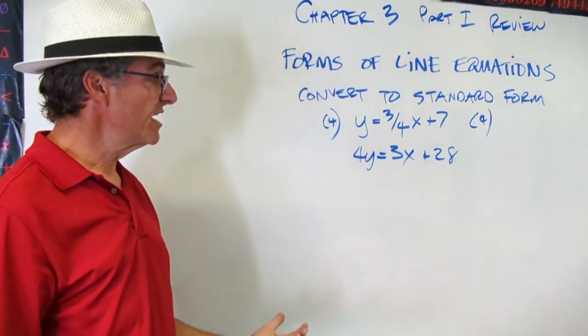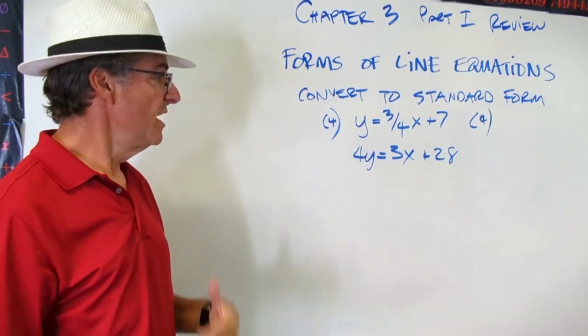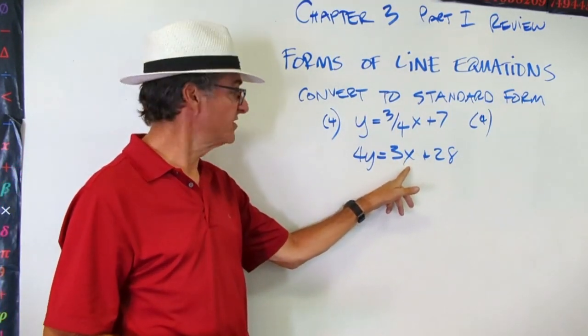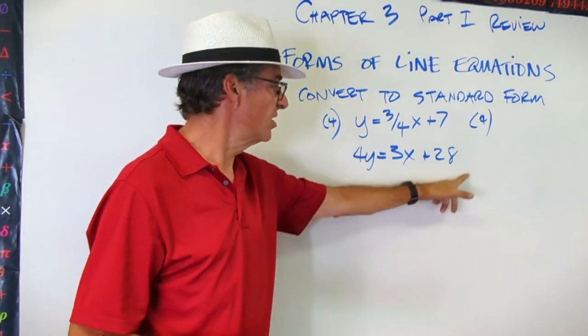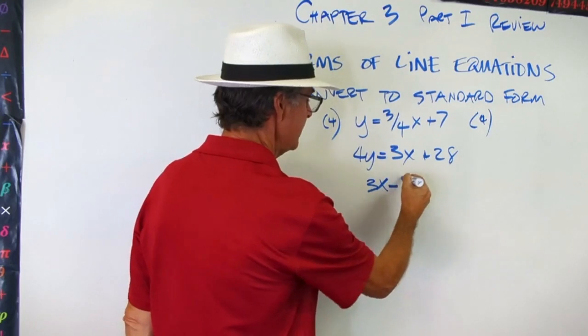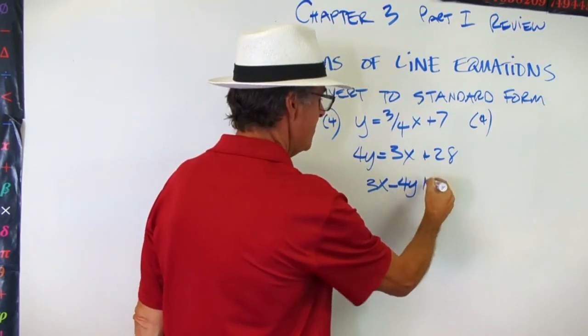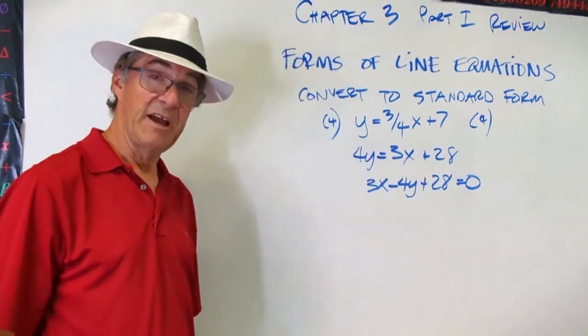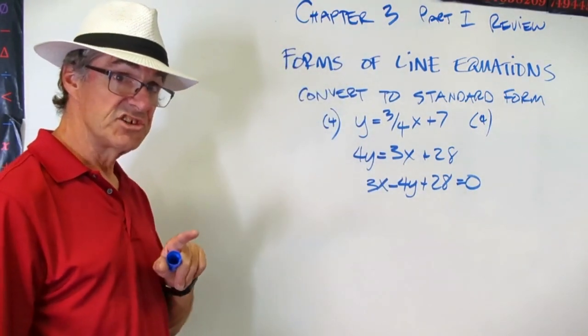Now I need to rearrange it so one side is 0. And if you remember that lesson, we prefer to have the x term positive. So I'm going to subtract the y term from the left-hand side here and get 3x - 4y + 28 = 0. Okay? Now there was a little trick I shared with you.